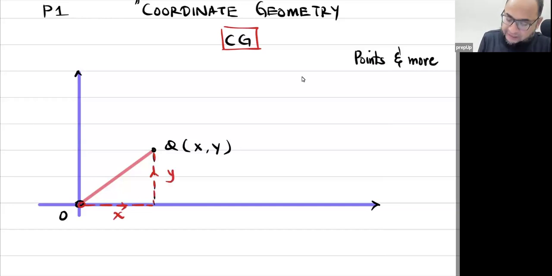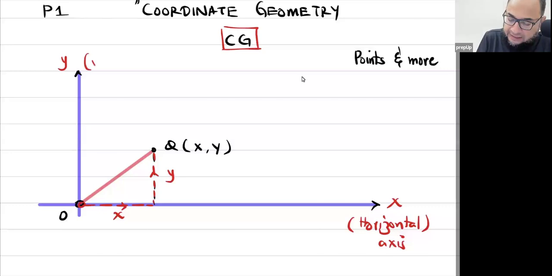So that's what the coordinate means. Basically, it gives us a sense of direction with respect to the x-axis and with respect to the y-axis. The x-axis is the horizontal axis and the y-axis is the vertical axis.